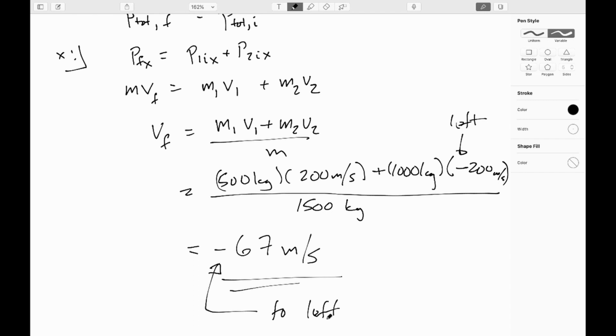Now you may wonder, why didn't we worry about the force of friction? Surely the wheels are skidding as the drivers have locked up their brakes and everything. Yeah, sure, but if you're looking at the split second before the collision, the split second after the collision, the force hasn't really had any time to act.